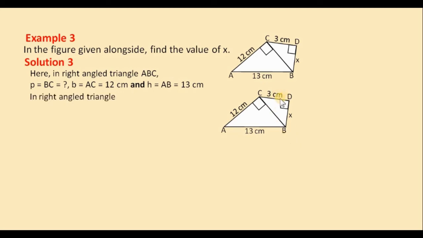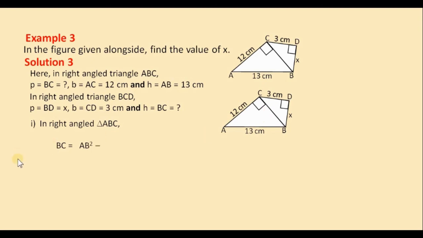In the same way, in right angle triangle BCD, P is X, B is CD, which is 3 centimeter, and H is BC. First of all, we find BC from right angle triangle ABC. BC is equal to square root of AB whole square minus AC square, because P is equal to square root of H square minus B square.